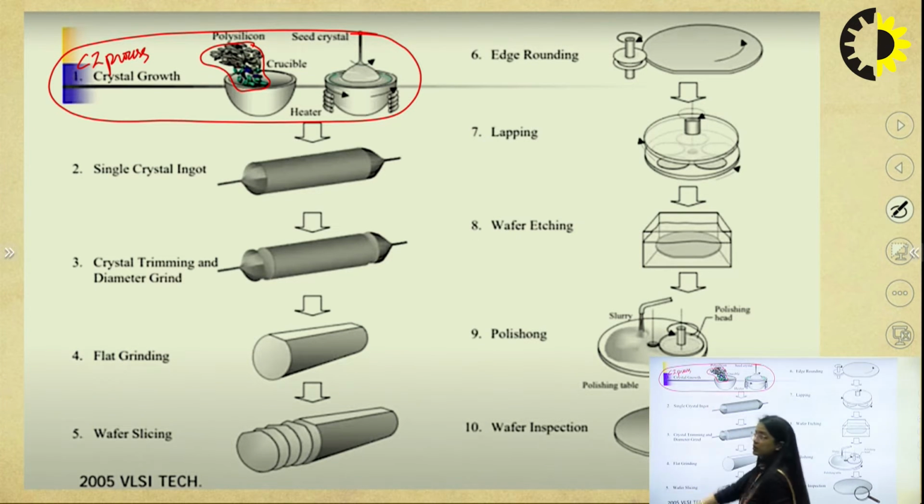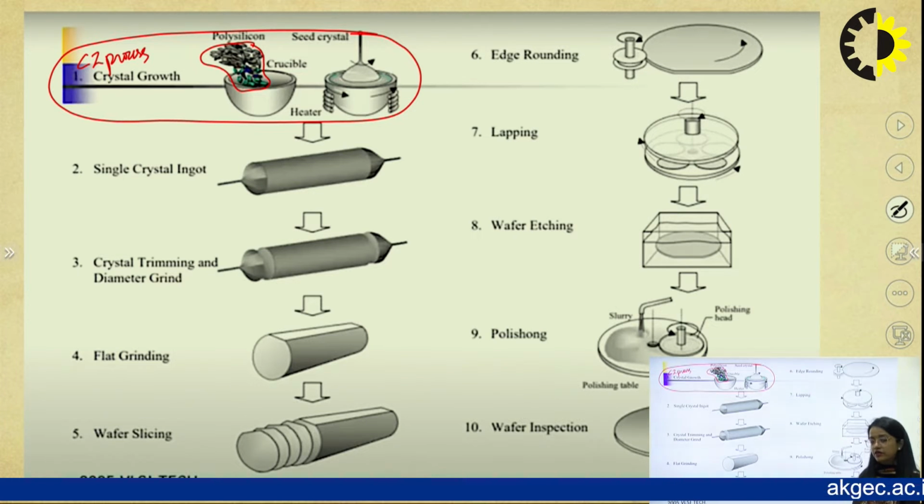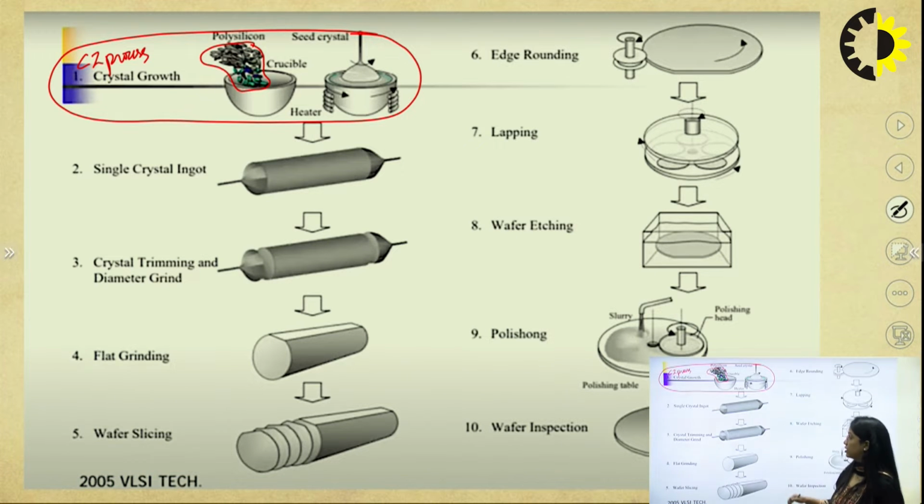After the CZ process, the end result, the physical entity obtained, is a single crystal ingot. This is a single crystal ingot here.